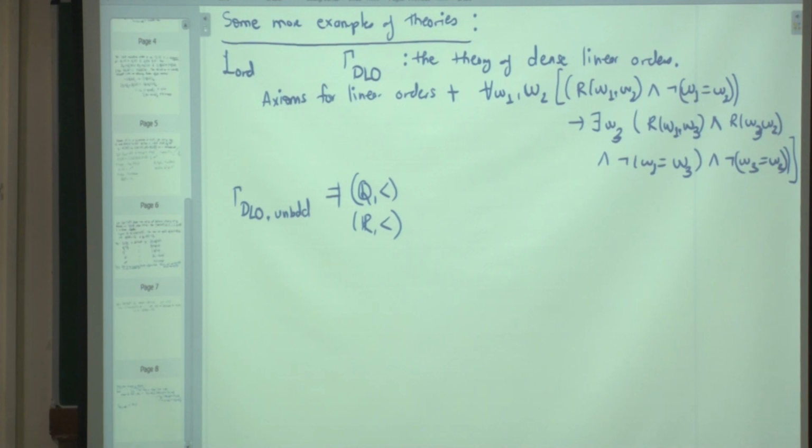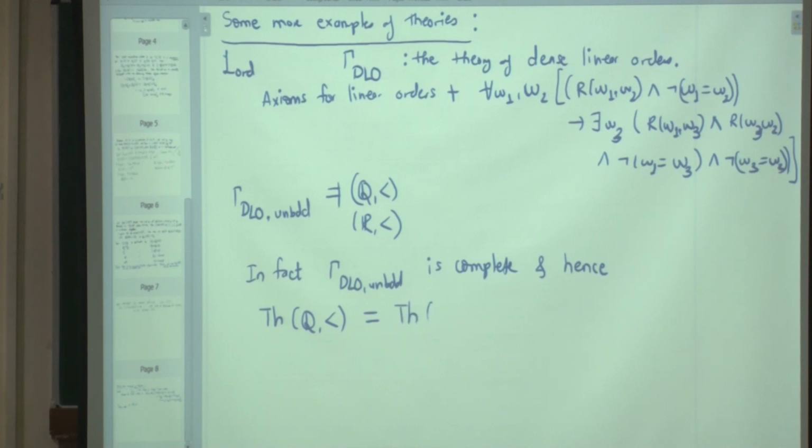In fact, this is the crucial point. So in fact, gamma DLO unbounded is complete, and hence the theory of the rational numbers is equal to the theory of real numbers.